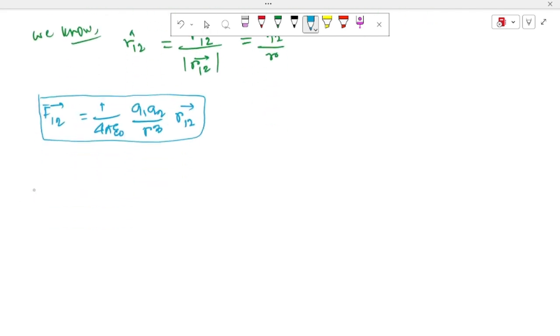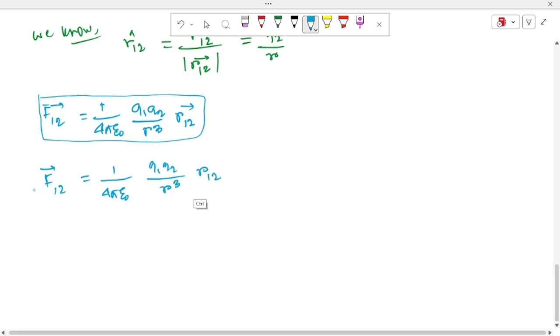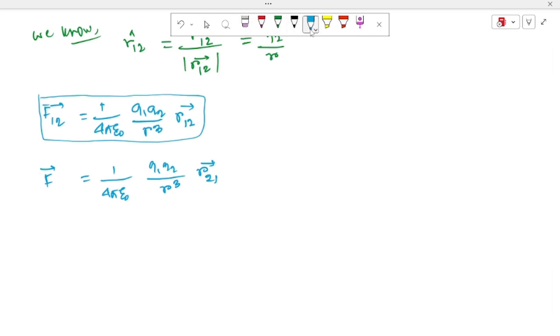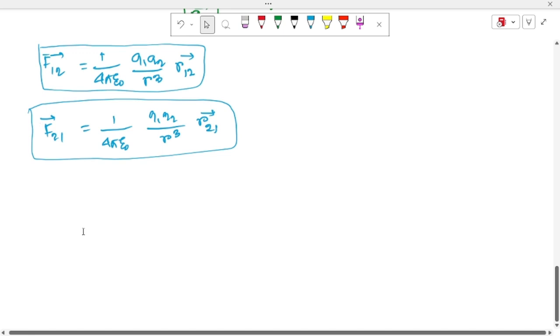Similarly, force due to 2 on 1 will be 1 by 4 pi epsilon naught Q1 Q2 by R cube R21 vector. So this is the expression of force when we write in terms of vector, not unit vector.